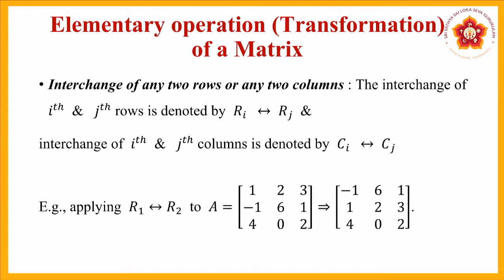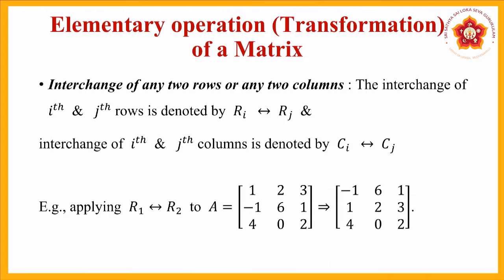Here the first one is the interchange of any two rows or any two columns. For example, in general, the interchange of ith and jth rows is denoted by Ri ↔ Rj.